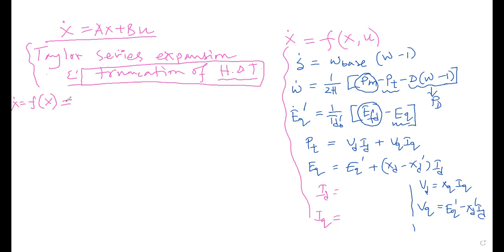We would assume first that we have some equilibrium point for this nonlinear system, which is this one. So f of x0 is 0. Okay, so that means what? That means x0 dot equals 0. So these are the two conclusions.